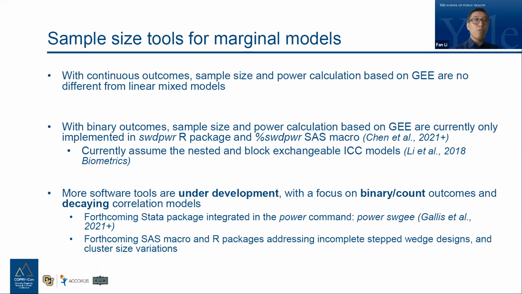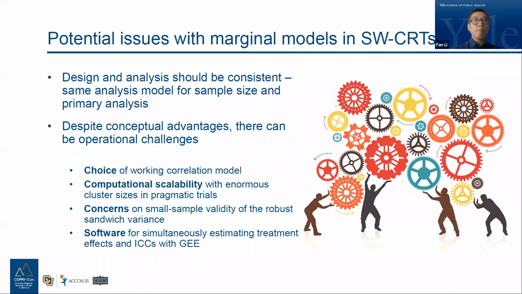For example, we have a forthcoming Stata package that is integrated into the power command that can be used for this purpose, and a forthcoming SAS macro and R package addressing additional complications arising from potentially incomplete stepped wedge designs where there is no data collection in certain periods, as well as including the cluster size variation, which is a more pragmatic feature of these trials in population level studies.